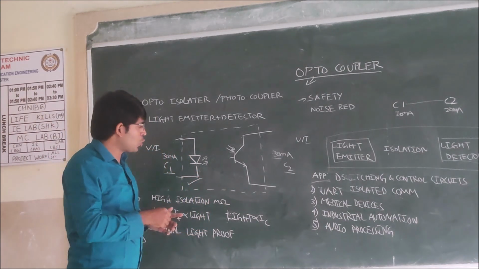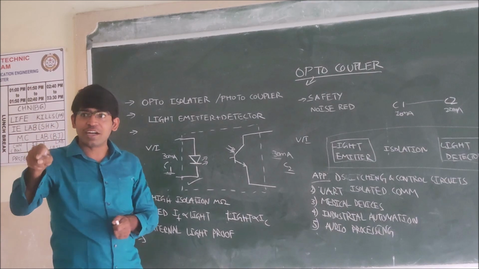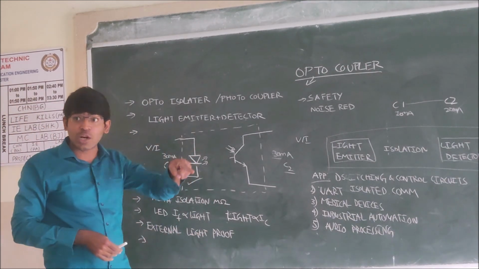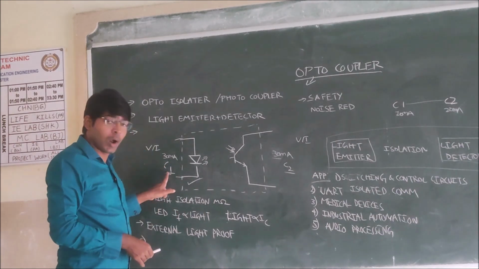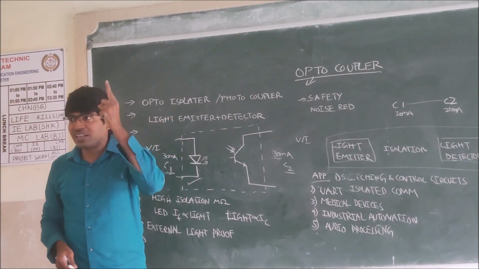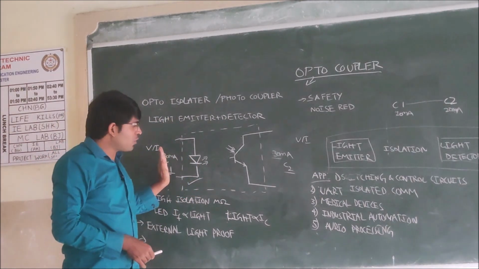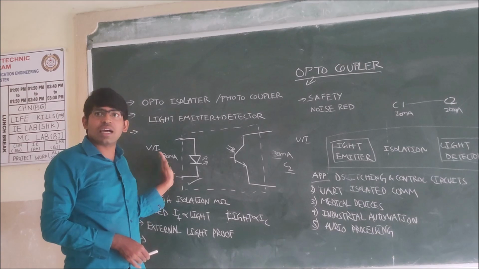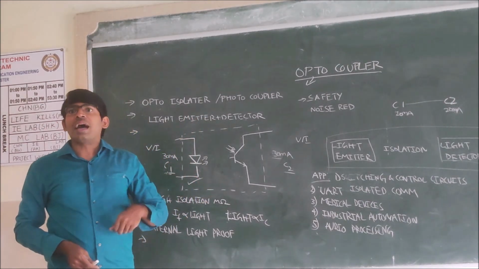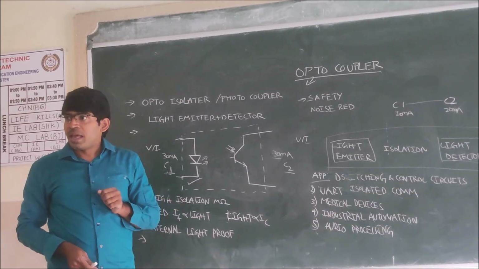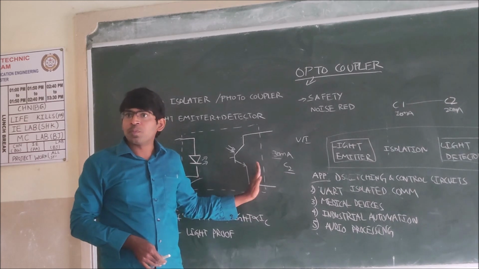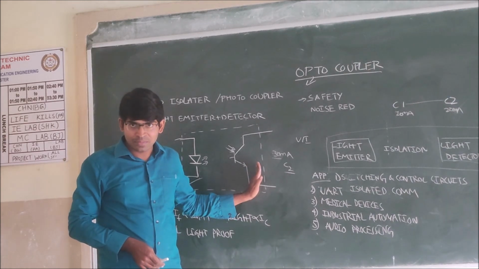Circuit 1 and circuit 2 are electrically isolated, but still we are able to send the electrical voltage or current at circuit 1 to circuit 2 by using the light. We are converting this electrical voltage or current into light by using the LED or any light emitter, and then we are receiving that light by using the photodiode or phototransistor.